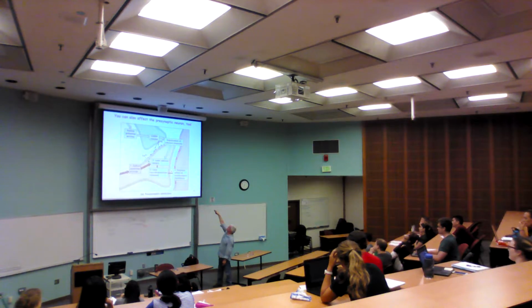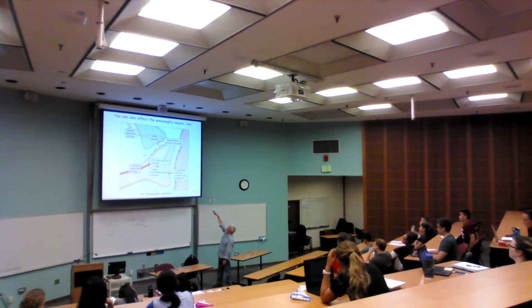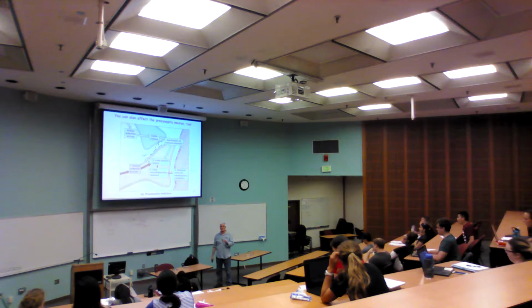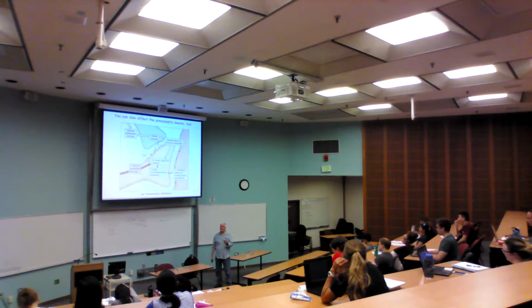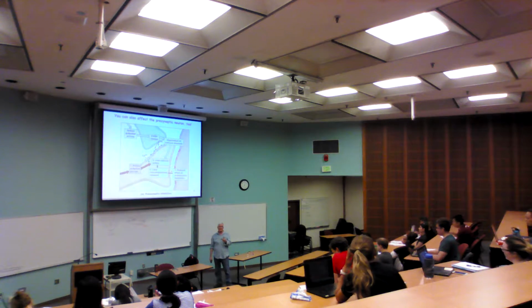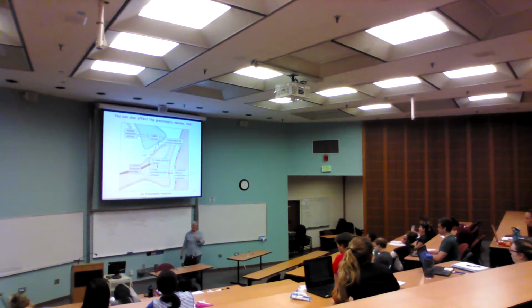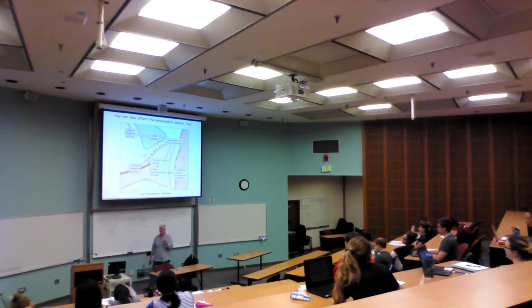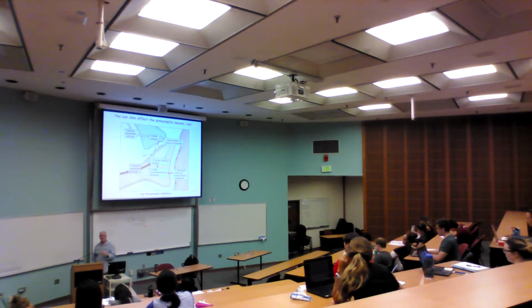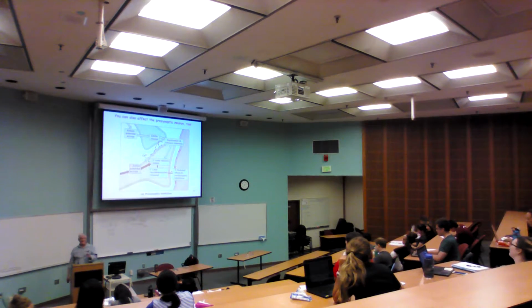GABA is going to influence, and here's the weird thing, GABA is going to influence voltage-gated calcium channels. Yes, GABA is a chemical. This is where the bizarre thing is happening. It's actually influencing voltage-gated calcium channels and preventing them from opening. Now that will make sense.